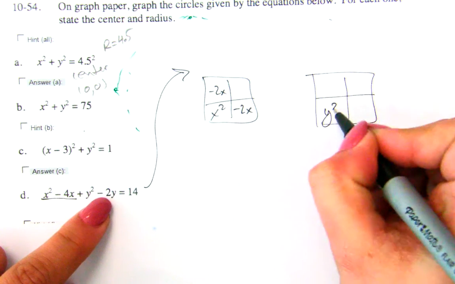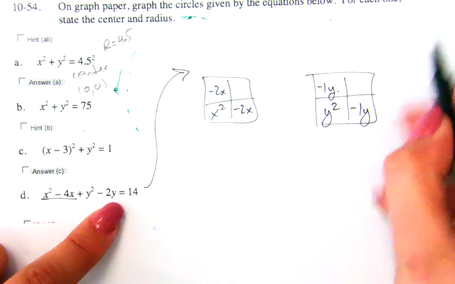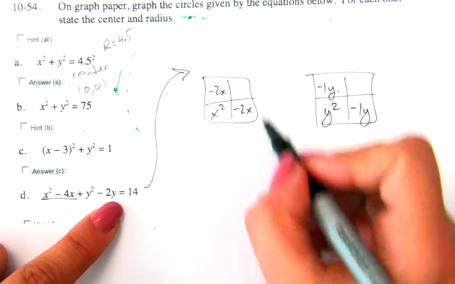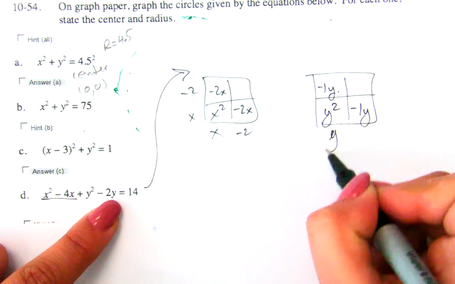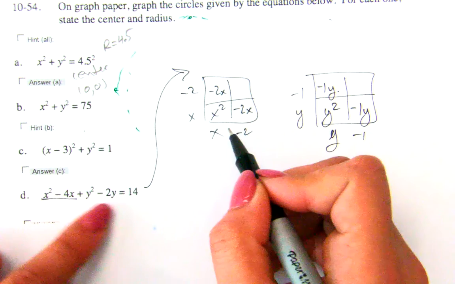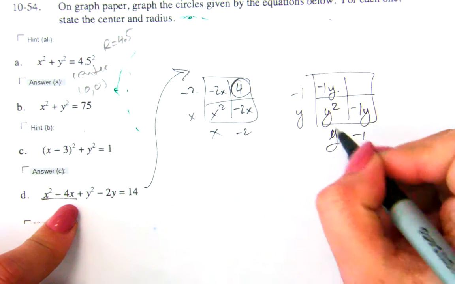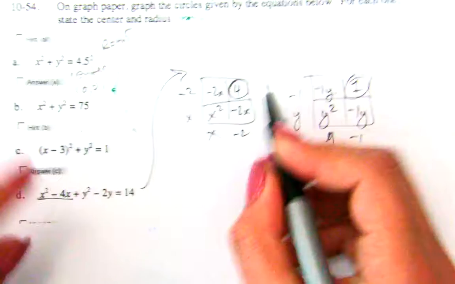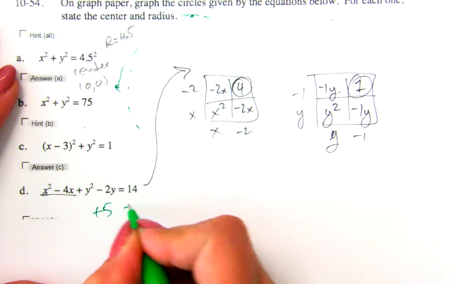And we have y squared minus 1y minus 1y. So that means we have x minus 2, x minus 2, y minus 1, y minus 1. So we have 4, and then we have positive 1. So 4 and 1 put together is 5. That means we have to add 5 to both sides. So plus 5, plus 5.